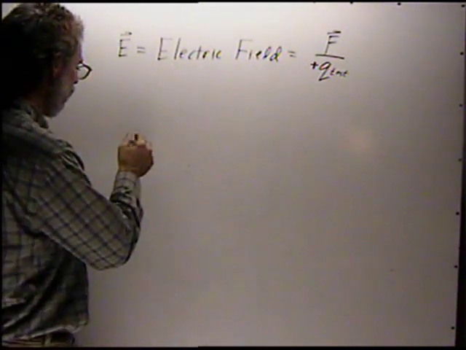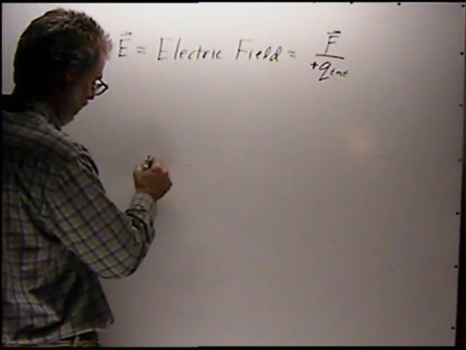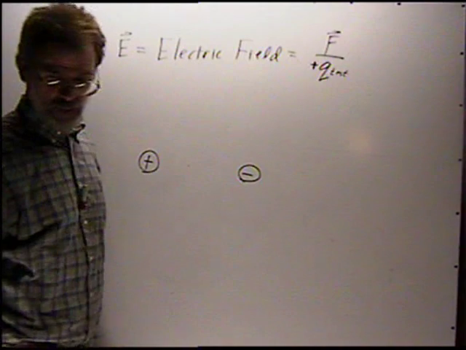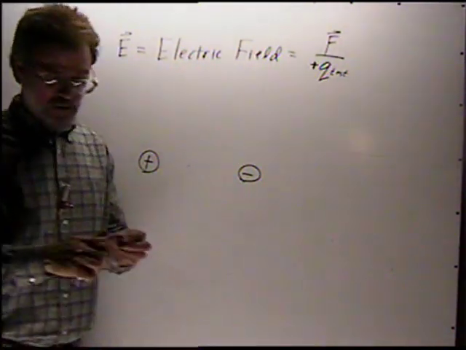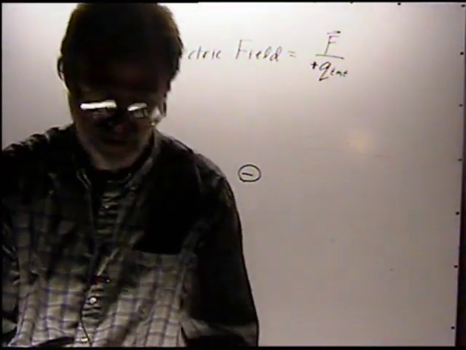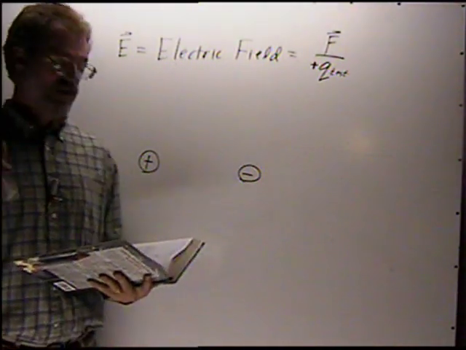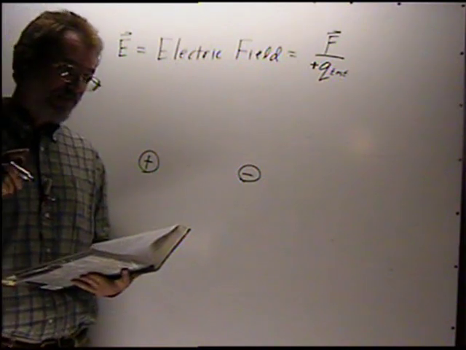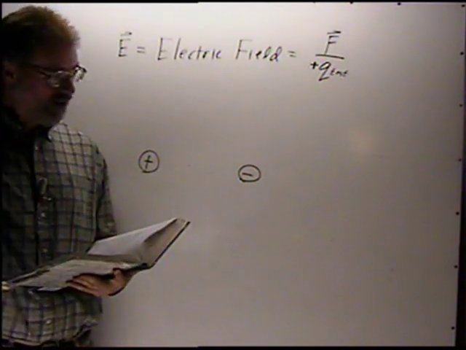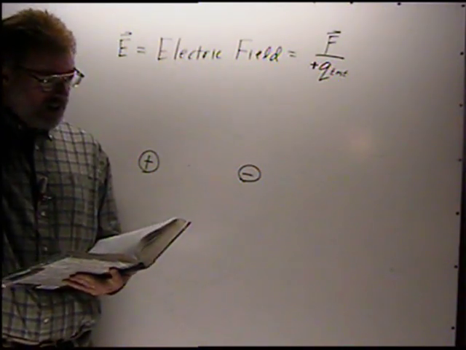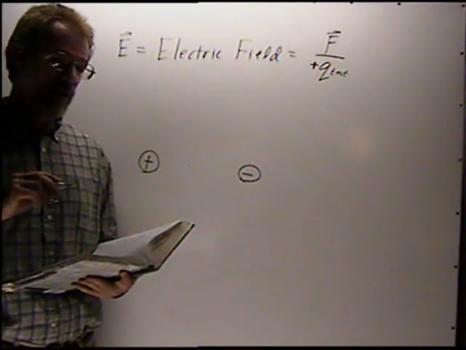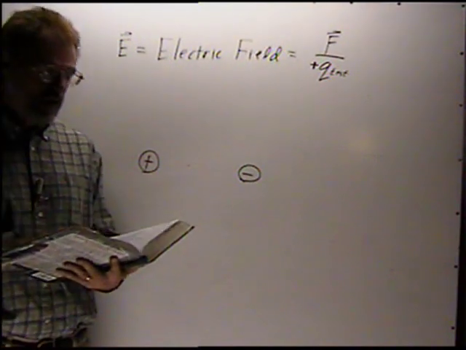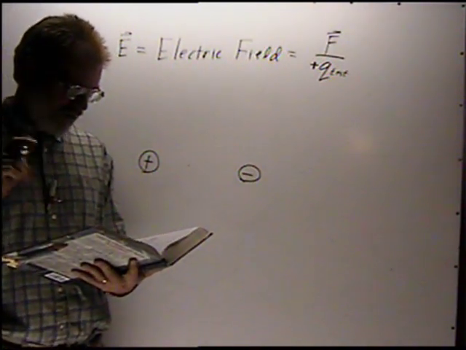There are 3 general rules for how to draw electric field lines, stated on page 440. You have to know this. This will be on the homework, and it will also be on the test. In fact, the test will ask you to draw certain electric field lines in different configurations. So you will have to know how to do this.